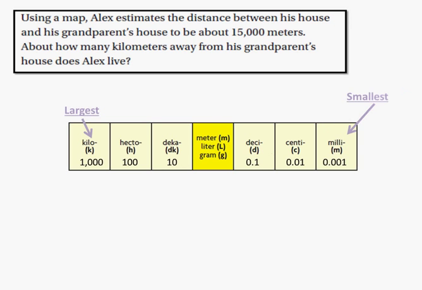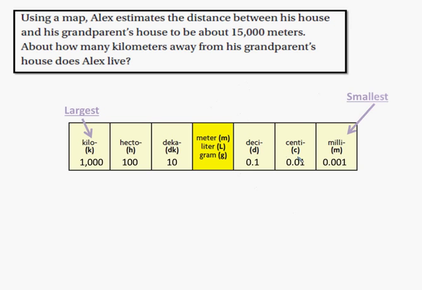Now if we're going in this direction, the numbers are getting smaller. So now this is 1/10, 1 over 10. Or you can think of it like this: this is 1 place away from here, so there are 10 of these in this. This is 100th.